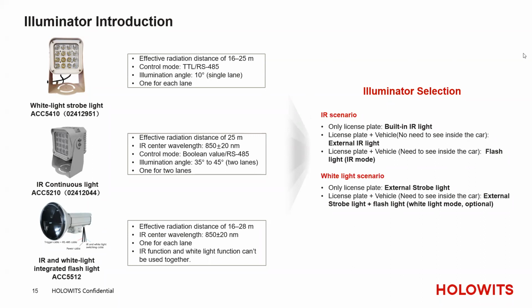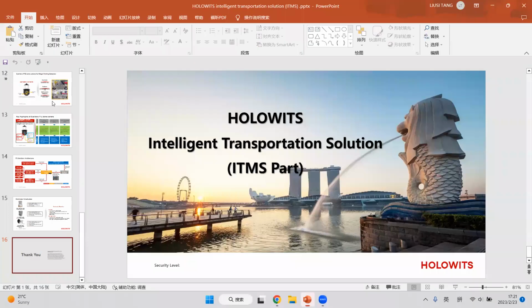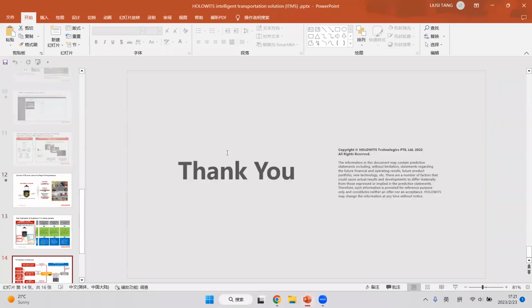In this series, we also have the full color cameras, for which you need no illuminators. This is the white light scenario: for only the license plate, an external strobe light. If you want the license plate plus the vehicle and need to see inside the car, use the external strobe light and the flashlight, like the white light mode. This is optional. So this is basically the ITS scenarios, intelligent transportation solutions.